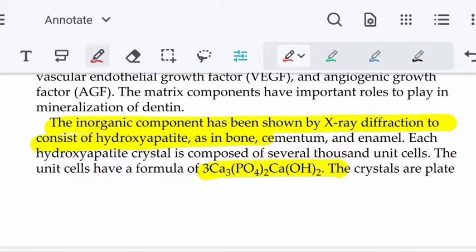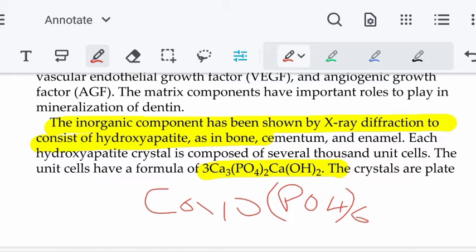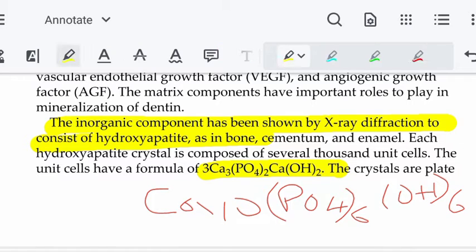The simplified formula is Ca10(PO4)6(OH)2.